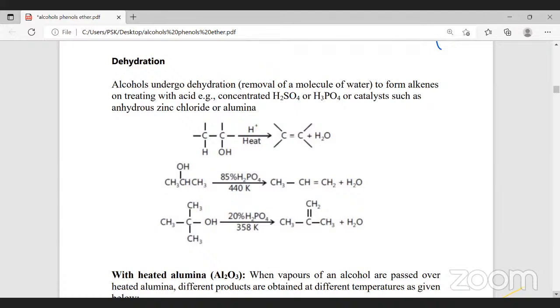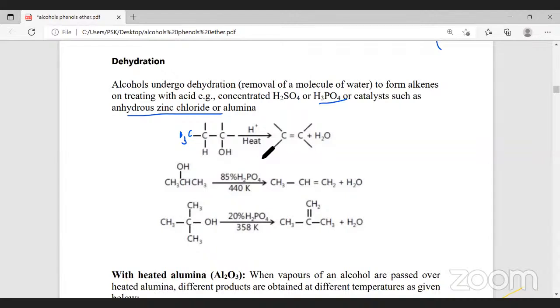For example, concentrated sulfuric acid or concentrated phosphoric acid, or catalysts such as anhydrous zinc chloride or alumina, will bring about this reaction. Now, for an example, this is an alcohol. This is not primary; it is a general representation of an alcohol. We will take an example: for a primary alcohol, we will take ethanol.